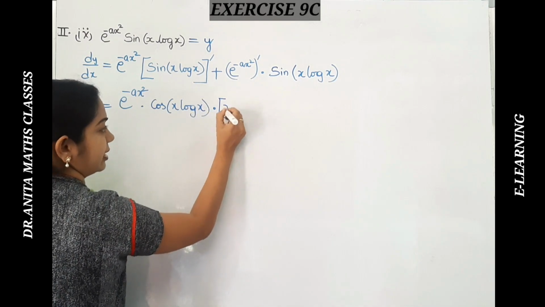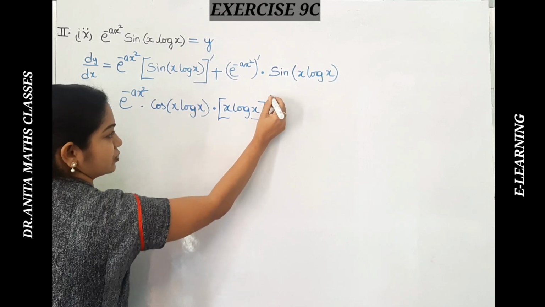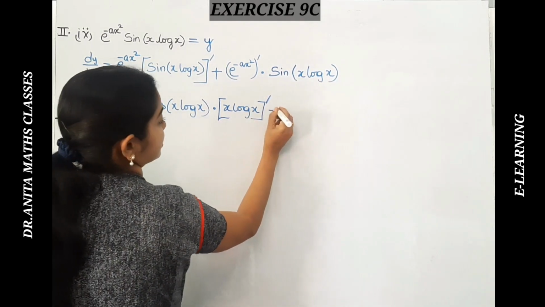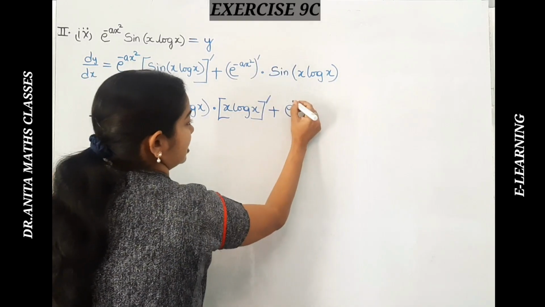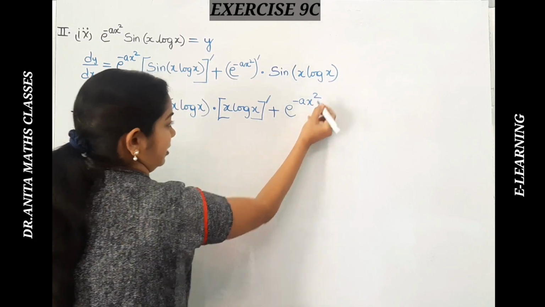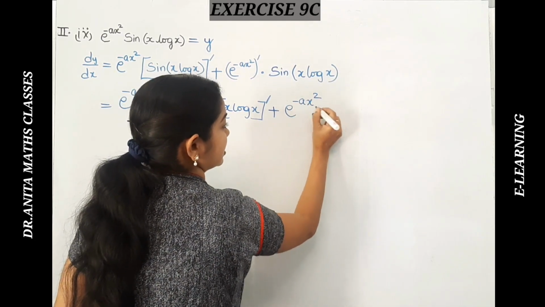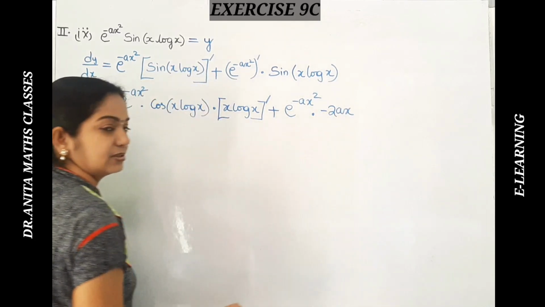So again this is in the form of a product, yes. So we should do the derivative of this. This is again u and this is v, plus e raised to the power of, the derivative of the e function is e raised to the power of minus ax square. Again using the chain rule, we should do the derivative of minus ax square, that is minus 2ax, right?